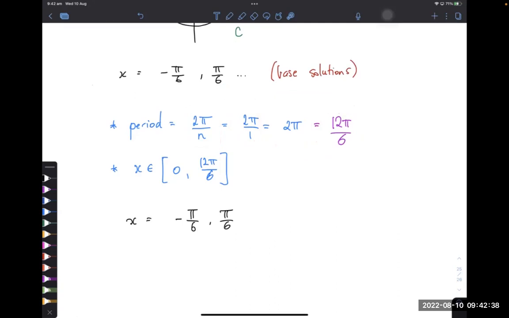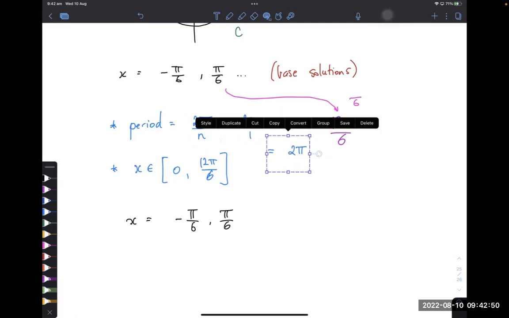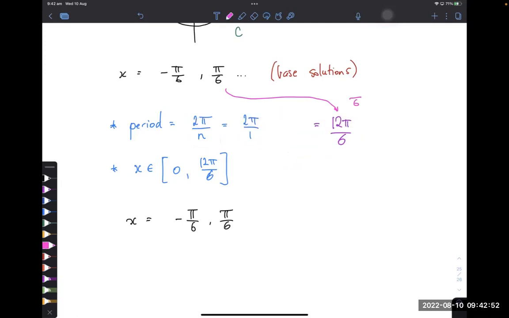In this case here, we need a pi on 6. So this is 2 pi over 1. Multiply the top by 6, multiply the bottom by 6. That's how we get 12 pi on 6. Same fractions, this is fraction work. Equivalent fractions, year 7.